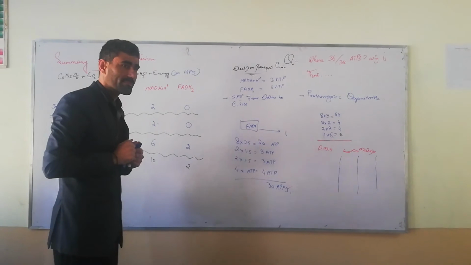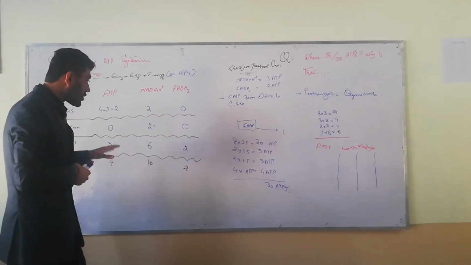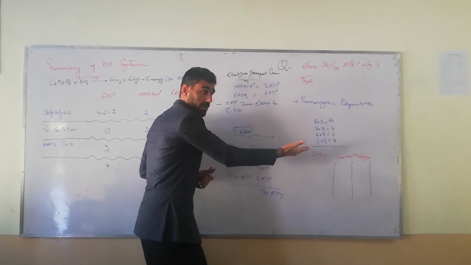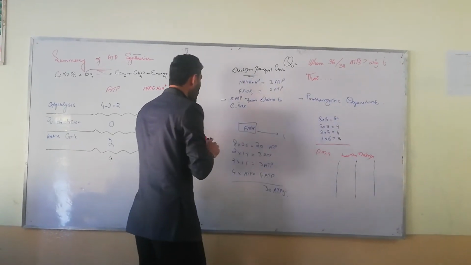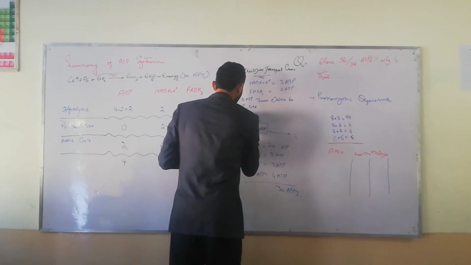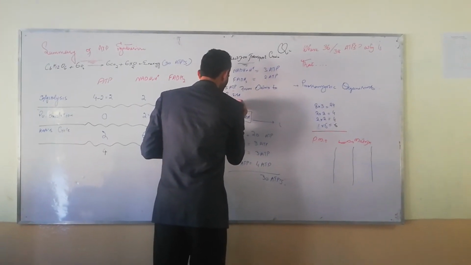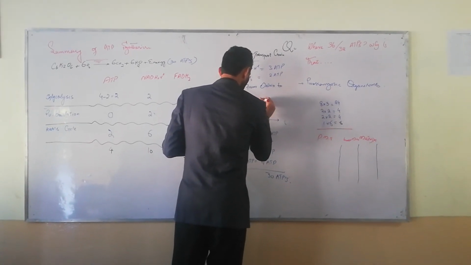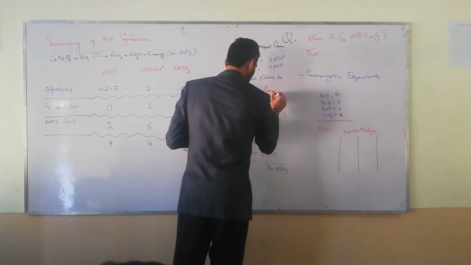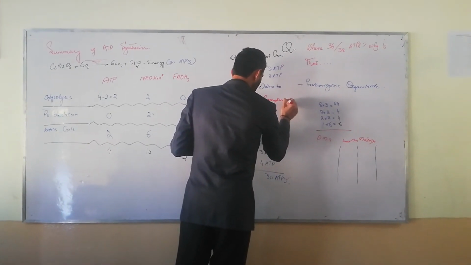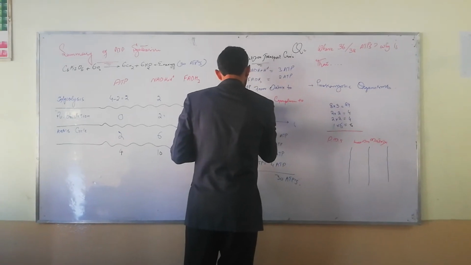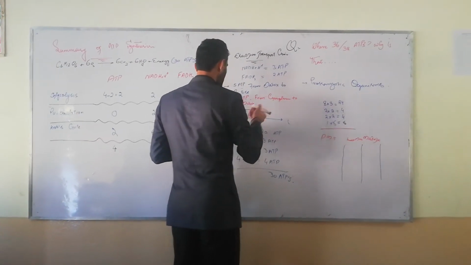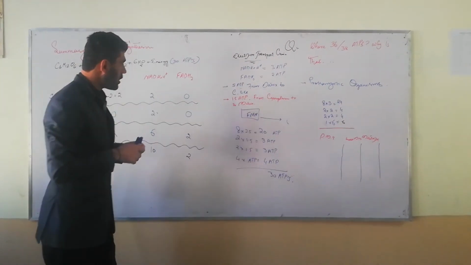But when they travel from here to the outer side of the membrane, to the matrix, across the mitochondria, they will spend 1.5 ATP.